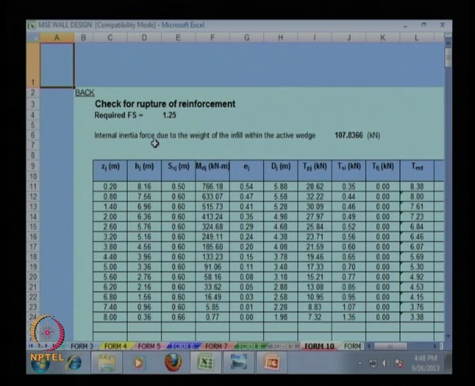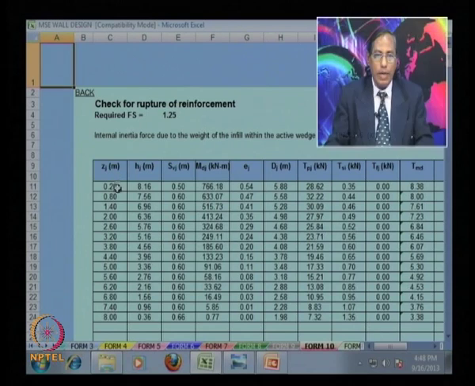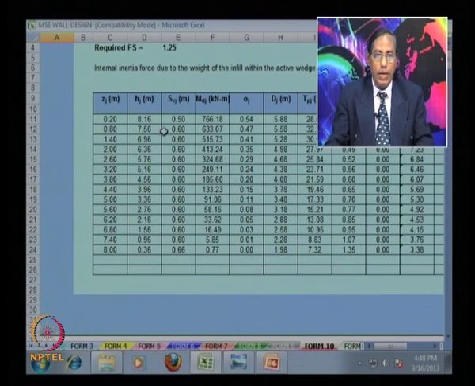The internal inertia force due to the weight of the infill within the active wedge is 107.8366 kilonewton. This is Zj up to 8 meter. This is Hj 8.16 to 3.6.